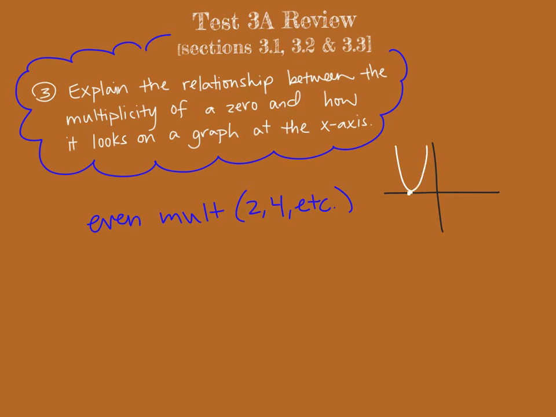So our graph looks something like this. It'll bounce back from the x-axis at that 0, and stay negative. Basically, when a 0 has an even multiplicity, our graph hits the x-axis, but then it does not cross it. It bounces back.